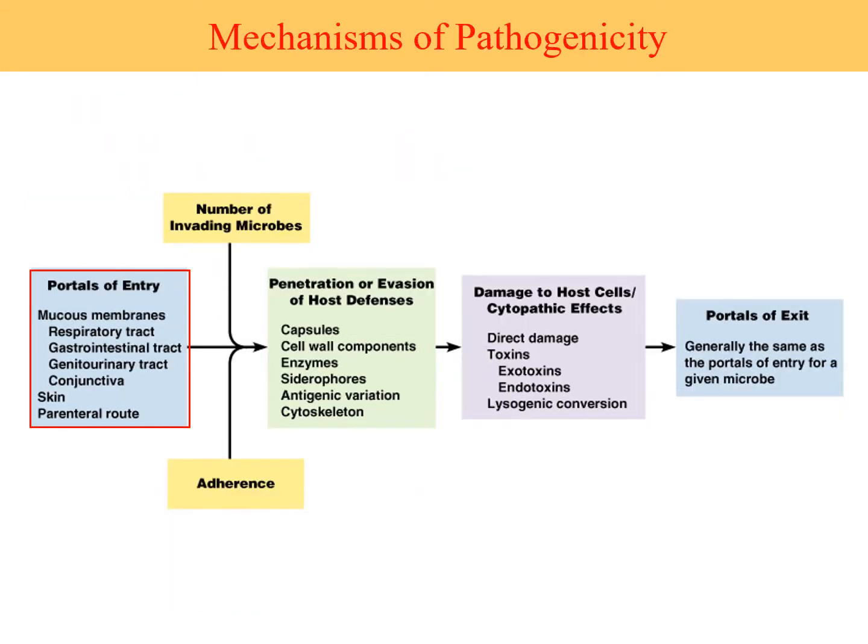In terms of portal of entry, because epithelial tissues cover all surfaces, dividing the outside world from the body tissues, portal of entry has to somehow be through an epithelial membrane or surface.